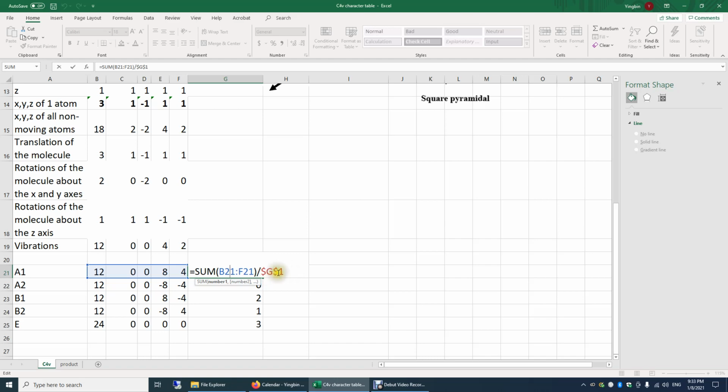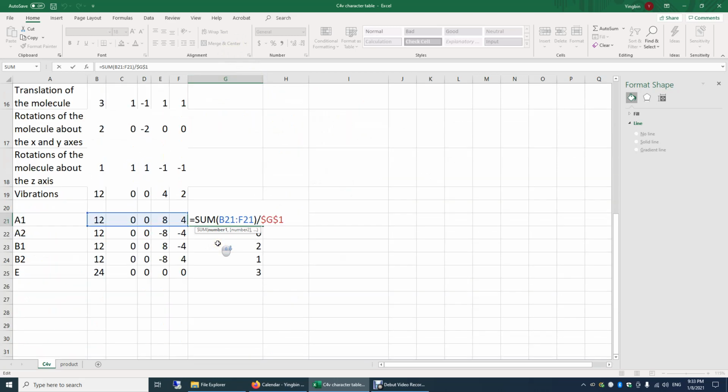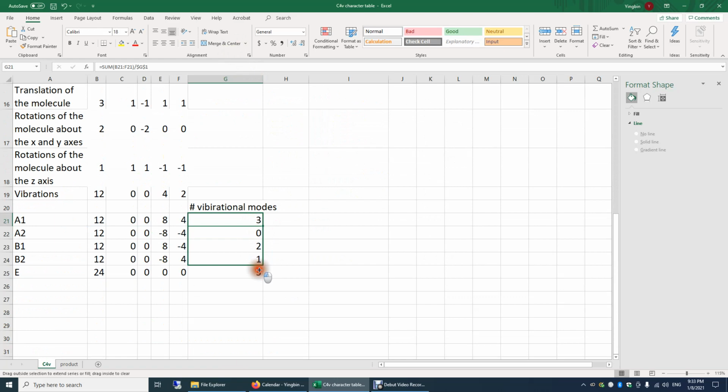This $G$1 is right here. It's 8. And then we drag it down. Now we can see there are 3 vibrational modes that belong to the A1 symmetry species. 0 A2, 2 B1, 1 B2, and 3 doubly degenerate E.